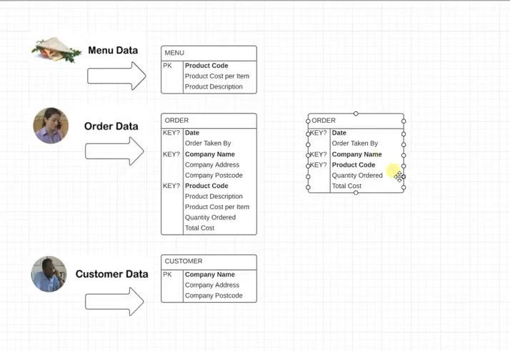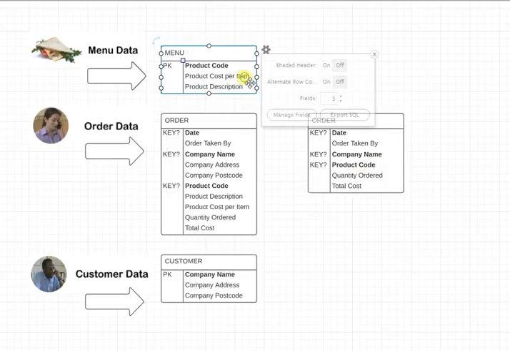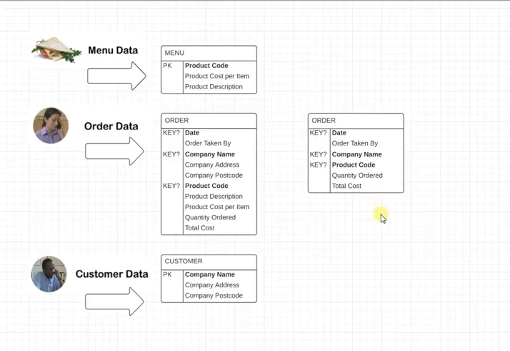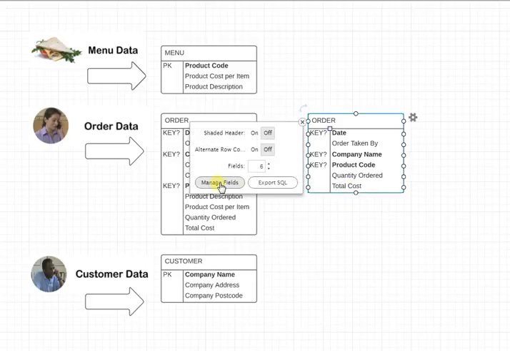So first of all, is there anything else I can get rid of? If there are any calculated fields, then we ought to get rid of them. We don't need those because we're actually duplicating. If we know the quantity ordered and we can look up the cost per item, then we can work out the total cost. So I'm going to get rid of total cost as well.